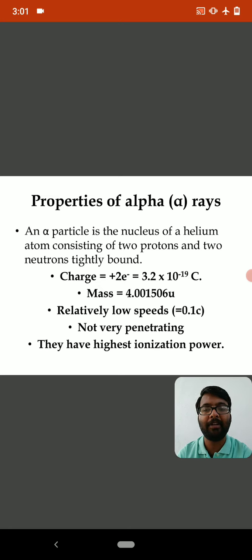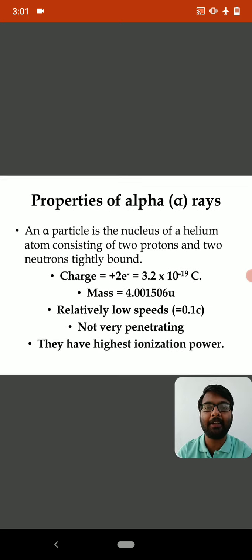That's why, instead of a thin sheet of paper, the air molecules itself stop the alpha particles. So the penetration power is very much less and ionization power is very high. Penetration power is very much less than beta as well as gamma, but ionization power is highest, means it is greater than the beta and the gamma. So these are some of the properties of these alpha rays.